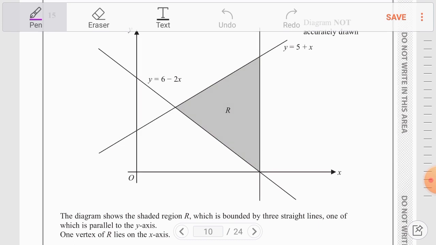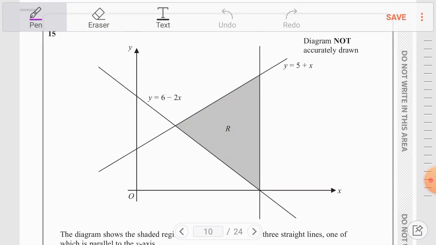It's a shaded diagram. You need to tell the boundaries of the shaded region, and we can see that for this line, y equals 5 plus x. For this line, the shaded region is below the line, so the inequality for this line is y less than or equal to 5 plus x.